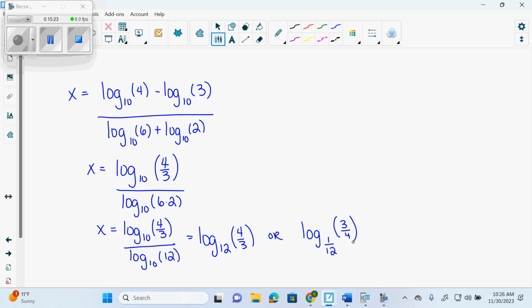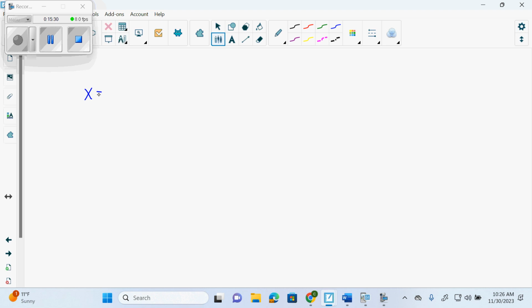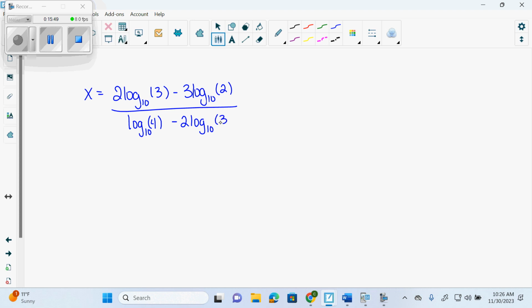Okay, our last extension. What if I do this to you? X equals 2 log base 10 of 3 minus 3 log base 10 of 2 over log base 10 of 4 minus 2 log base 10 of 3.